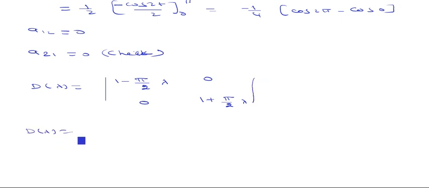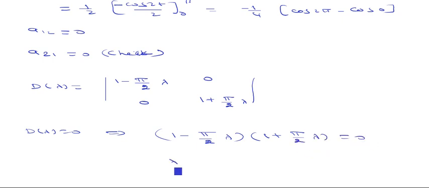Now D(lambda) = 0 implies (1 minus pi by 2 lambda)(1 plus pi by 2 lambda) = 0. So lambda is equal to 2 by pi in one case and lambda is equal to minus 2 by pi in the other. These are the values of lambda.